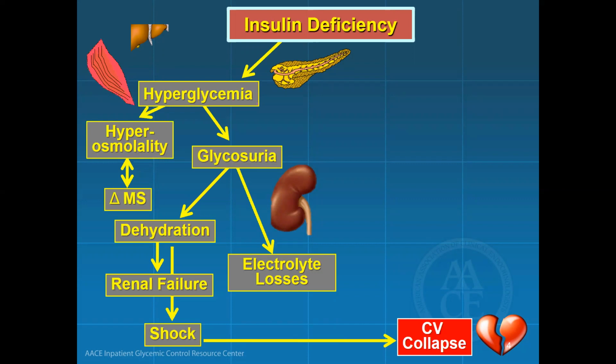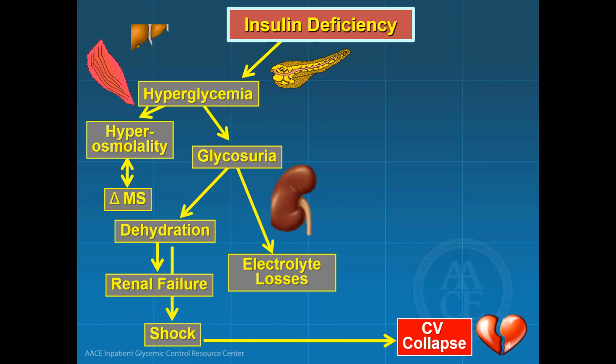In an attempt to compensate for this hyperglycemia, the kidneys excrete glucose, so glucosuria. We also excrete the electrolytes, sodium and potassium. These clients may lose up to 6.5 liters of fluid. Then the client becomes dehydrated. Remember, we need insulin to bring glucose into the cells so that we can use it for energy.